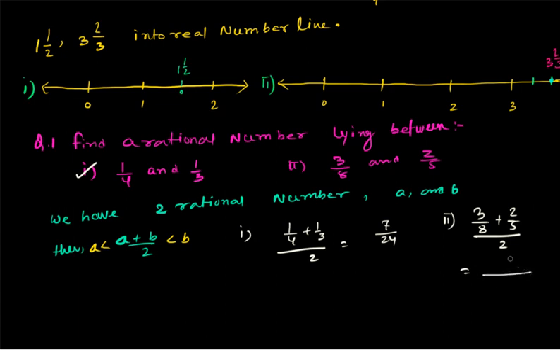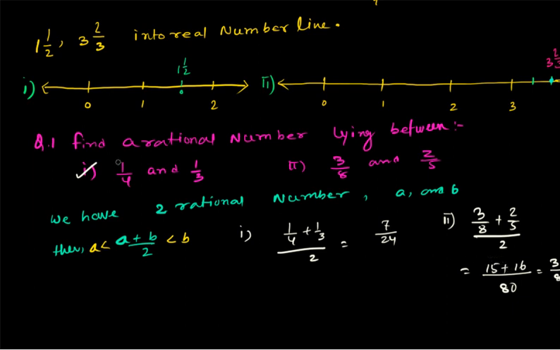The common denominator is 80. 5 8s are 40, so that is 15 plus 16 over 80 divided by 2, which will give you 31 by 80. So this is a number which lies in between the given numbers. But we have so many numbers between these two. You can find any other number also, it doesn't matter.